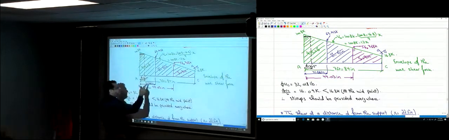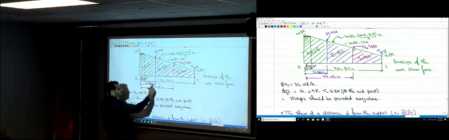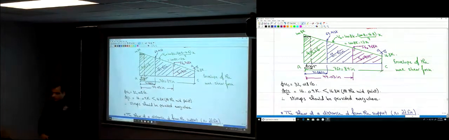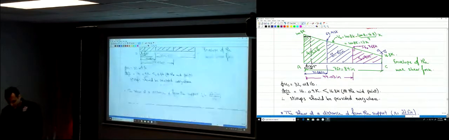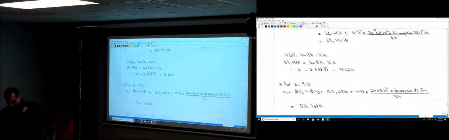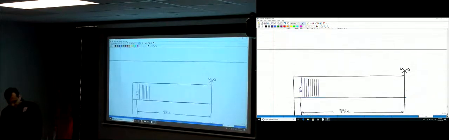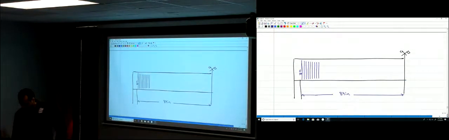But 30, the stirrup before it was at the distance of 30, so that's not enough. So you need to provide that one at 34, okay? To be larger than 31.6. So how many stirrups did we provide now at that spacing? 1, 2, 3, 4, 5, 6, 7, 8. Okay, so you can say here you have 8.